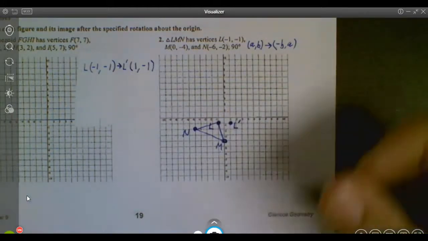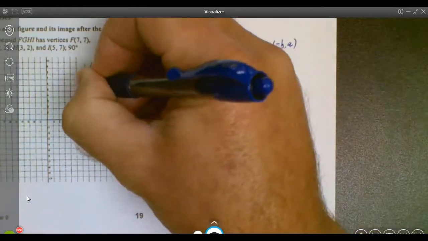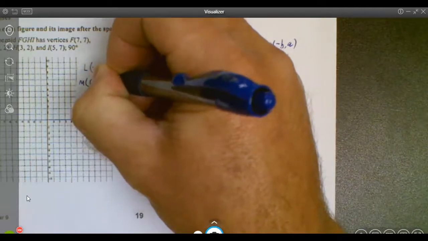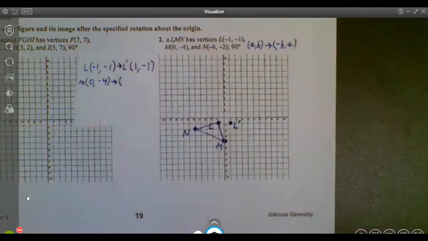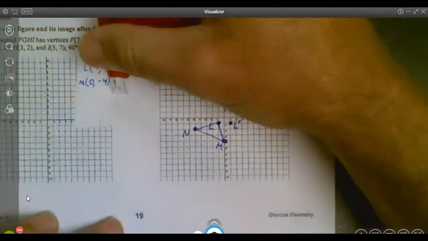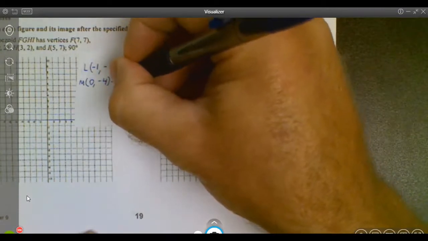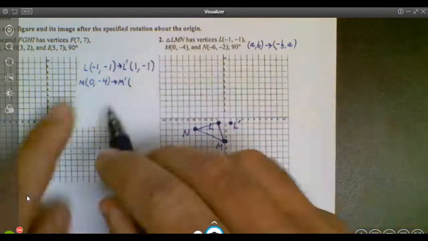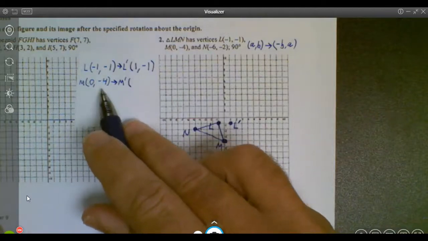And there's a new set of points. M was at 0, -4. Let me write that as M prime, keeping my notation going. Again, these guys are going to trade places. The -4 is going to go there, the 0 is going to go there.